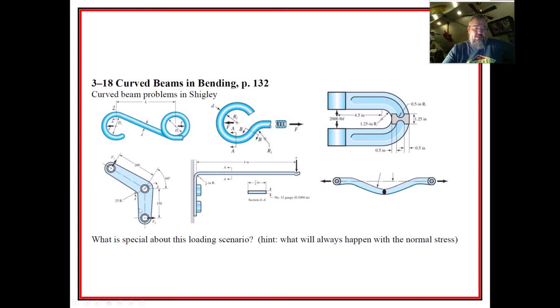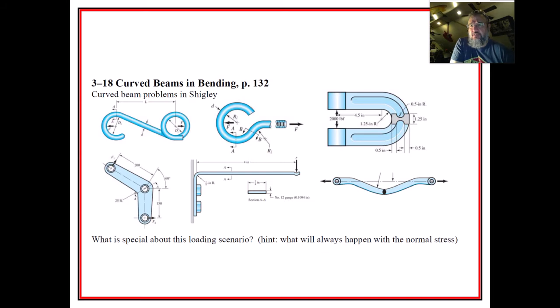Or you have this little elbow-looking bracket. We can see that there's a curvature right there, or even this little piece, we might call this a strut, right? It's got this little bend in it, and even though it has axial forces, think about what's special about this scenario, and what will always happen with the normal stress?